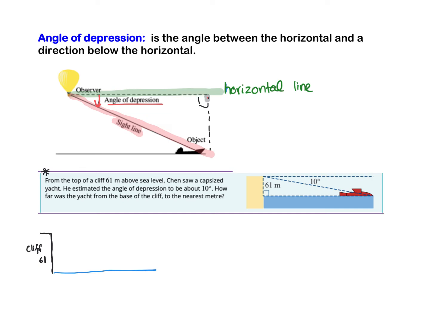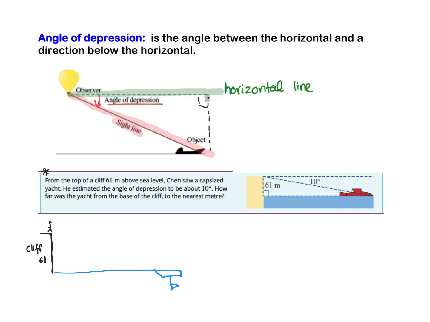Chen saw a capsized yacht, so he saw this yacht upside down. And we've got little Chen up here. He estimated the angle of depression was about 10 degrees.